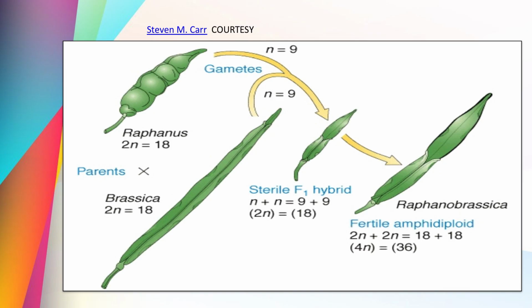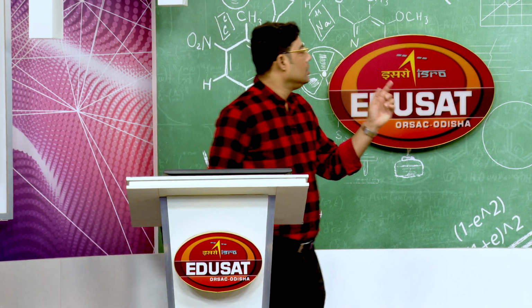We can also do it the other way around: from Brassica we can take pollen grains and put them on the stigma of Raphanus flowers. So Raphanus and Brassica are the two parental plants taken for this breeding program, and the result is this Raphanobrassica.